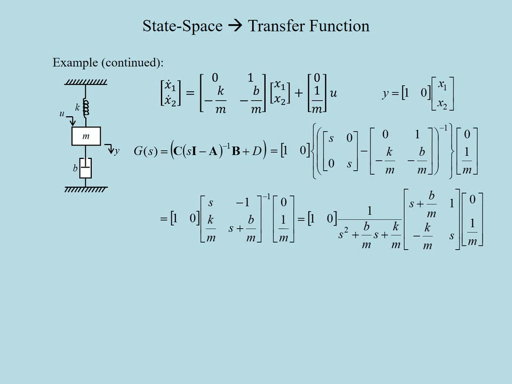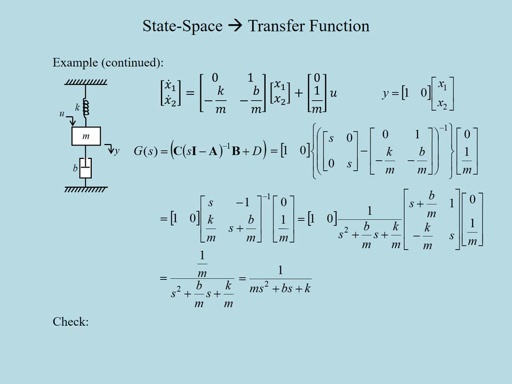Note that the polynomial in the denominator, that is s squared plus b over m s plus k over m, is the determinant of the matrix sI minus A. Performing the matrix multiplications and simplifying, we obtain the transfer function as 1 over m s squared plus b s plus k.